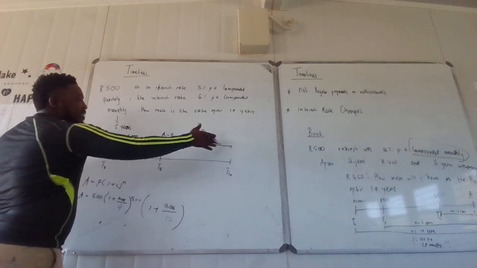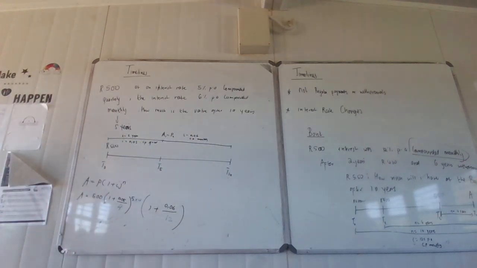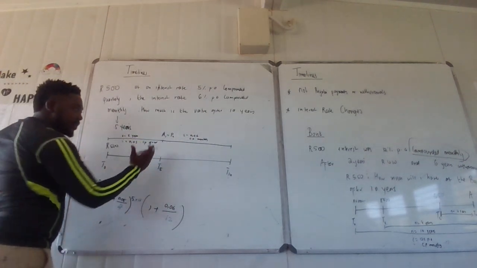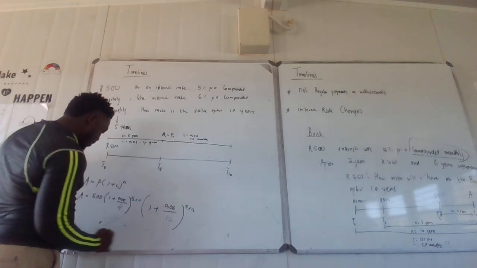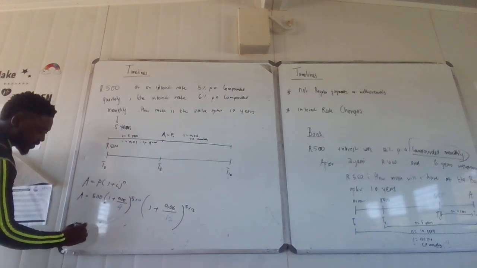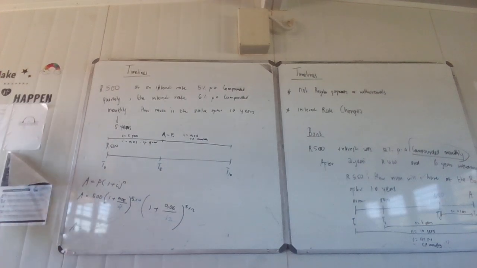Then this interest has also lasted for 5 years. This is the other 5 years. It's going to be 5 times 12. Then you put this in a calculator and see how much you're going to get.